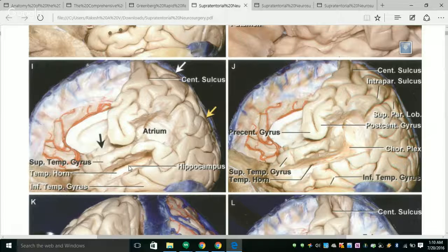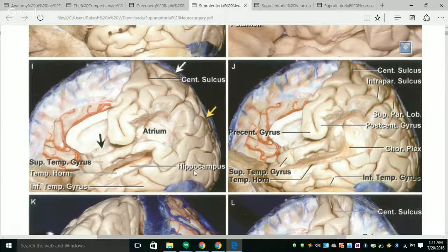And then it continues. The hippocampus sits in the floor of the temporal horn, which is a part of the lateral ventricle. So the floor of the temporal horn of the lateral ventricle is formed by the hippocampus.